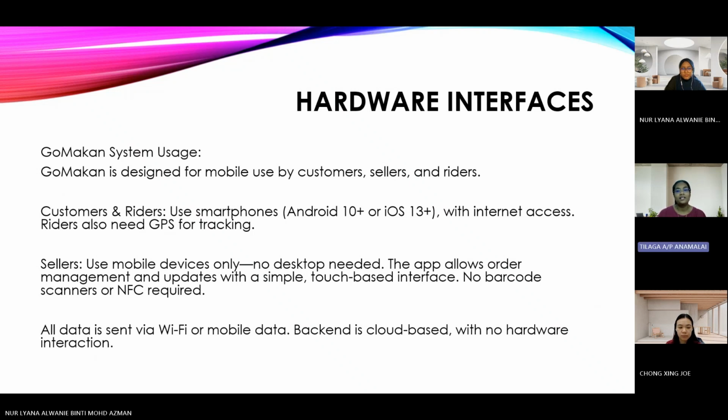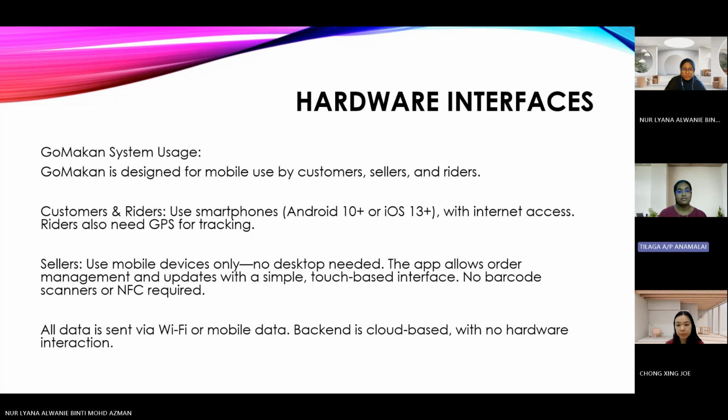The first one is the hardware interfaces. For the GoMakan system usage, GoMakan is designed for mobile use for the customer, seller, and rider. Customers and riders can use smartphones such as Android 10 Plus or iOS 13 Plus with internet access. Riders also need GPS for tracking their orders.